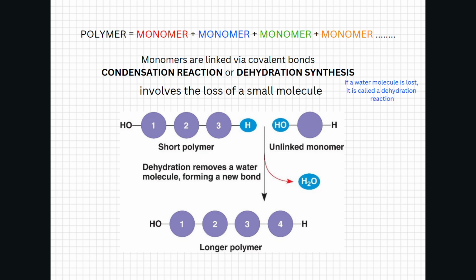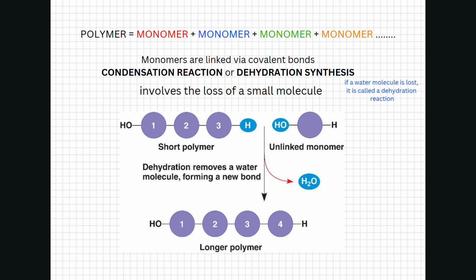So below we have a general overview of how the process works. To the left you can see that a short polymer has already been constructed and it's in the process of elongating. That means we're adding more monomers to make the polymer longer. To the right we see an unlinked monomer. It's not numbered yet because it's not part of the polymer, just a monomer on its own. We see that water is leaving, it's being taken out, so that means it's a dehydration synthesis reaction.